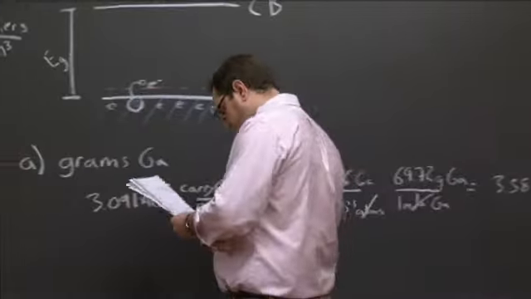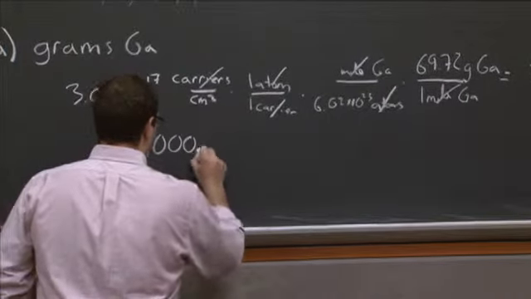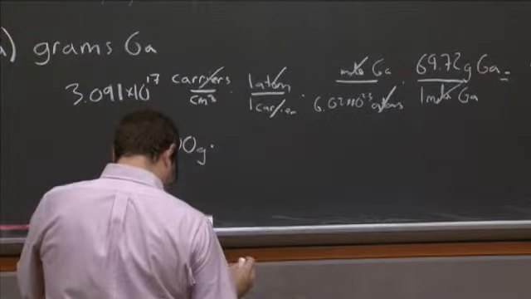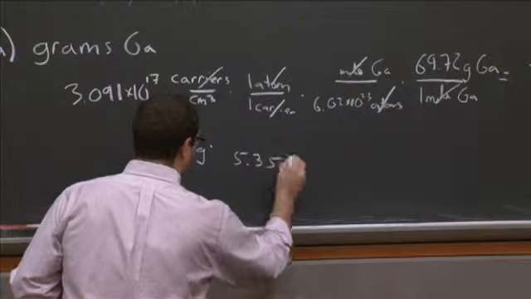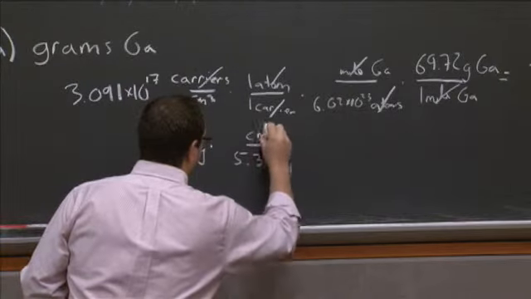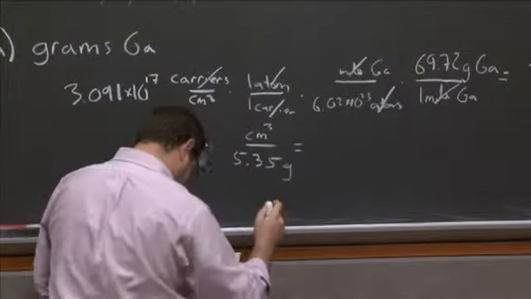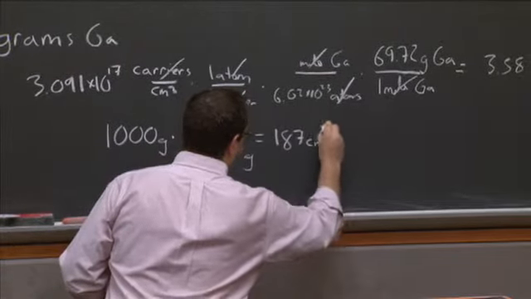I'll do that right here. So 1 kilogram of germanium is 1,000 grams times 1 over the density, grams per centimeter cubed, and that's going to give us 187 centimeters cubed.